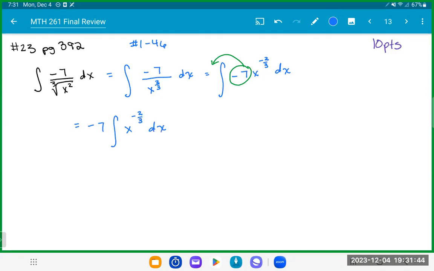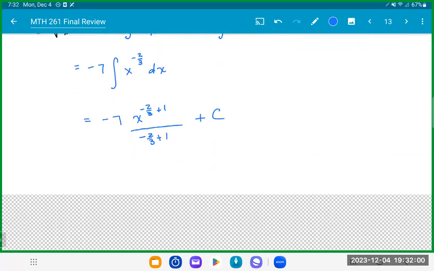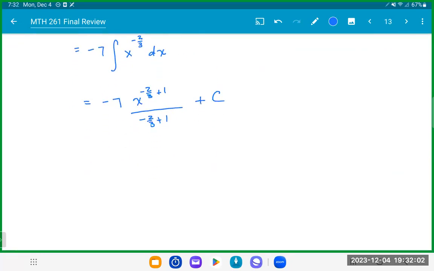Okay, so using the rules of integration, then this is -7. Then we have x to the -2/3 plus 1 divided by -2/3 plus 1. And then don't forget, we have to add that plus c. This piece right here is going to be a positive 1/3.